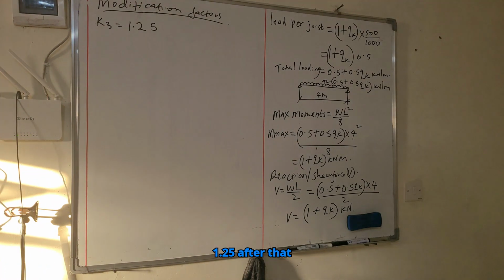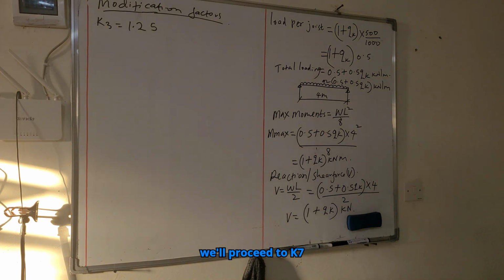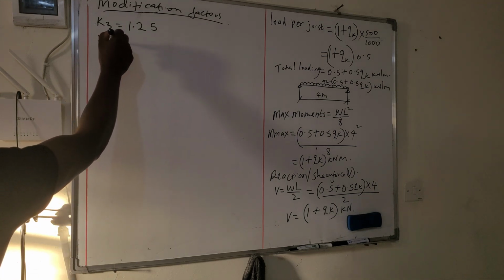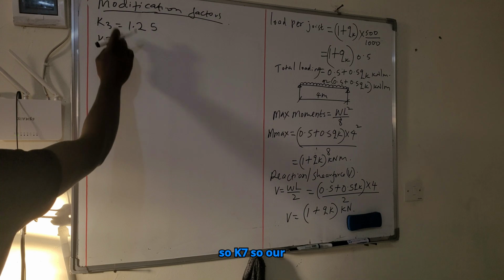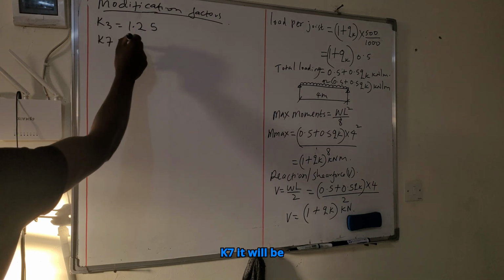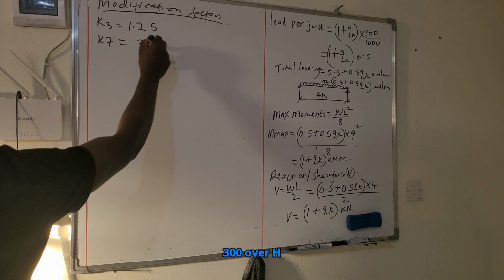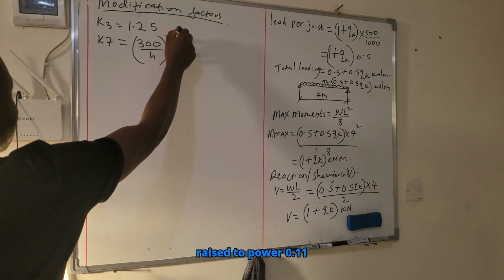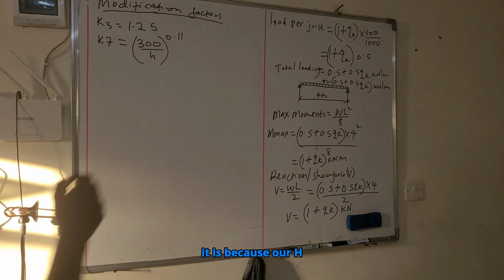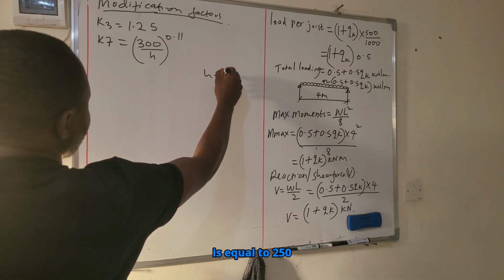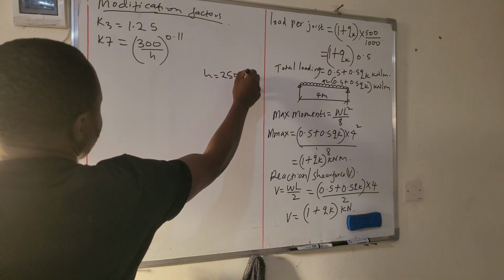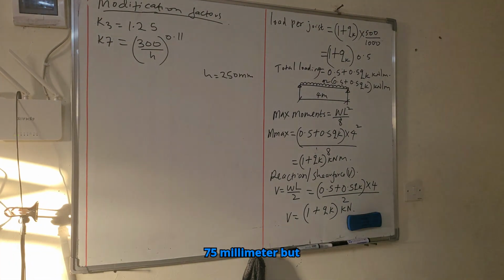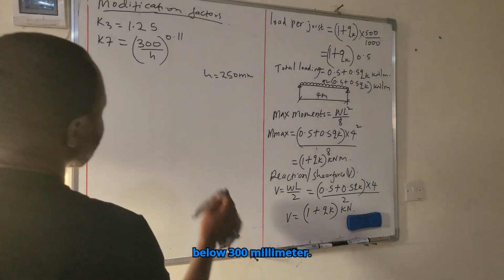After that, we will proceed to K7. So our K7 will be 300 over H raised to power 0.11. It is because our H is equal to 250 millimeter, which is above 75 millimeter, but below 300 millimeter.